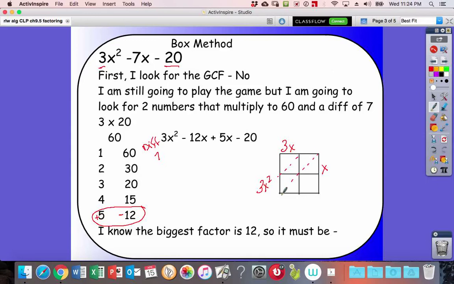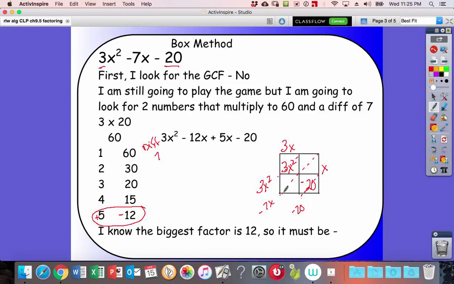This one here has got to be a negative 7x when I combine those like terms, and this one right here has got to be a negative 20. So I'm going to put the negative 20 in here, and x times 3x would be a 3x squared.